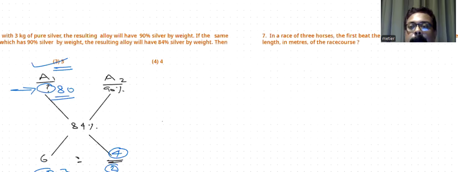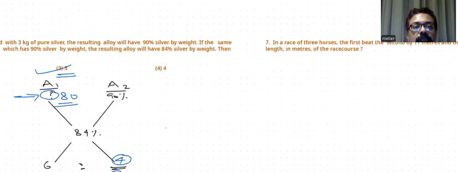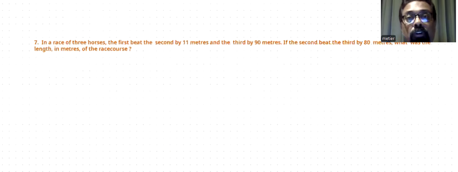In a race, there are 3 horses. In a basic race, there are 2 basic things that you have to follow. First, until or unless it is mentioned, we always go with uniform speeds of the runners. So here, all these 3 horses are running at uniform speeds. When they run at uniform speeds, the distance covered depends on the time. So in the same time, they will cover distances in proportion to their original speeds given in the question.